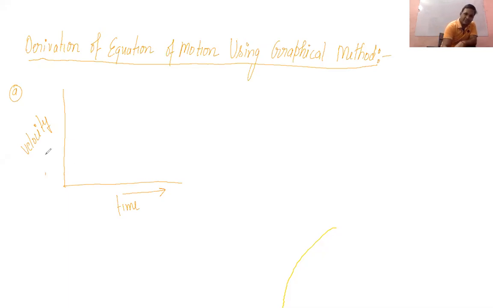The graph starts from here, meaning at t equals 0, whatever velocity you have is known as the initial velocity. So let's say we have a certain velocity at t equals 0, and this object is moving like this, and at t equals t, it reaches this point.